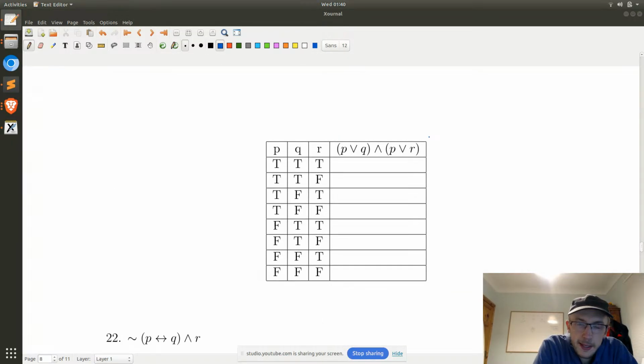P or Q and P or R. Whenever P is true, those disjuncts are true. And we need both of them to be true, but just these first four are handled sweetly there.